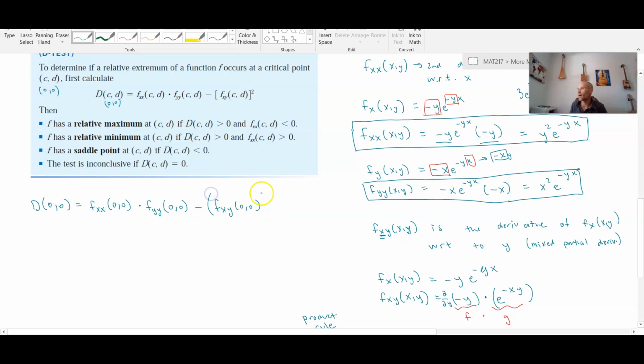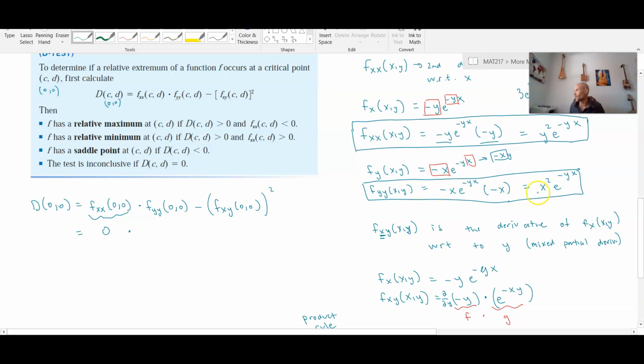So that's going to be this value squared. All right. So if I plug in 0 for x and y here, well, let's see. 0 squared is 0 times e to the 0, that's 0 times 1. That's going to be 0. And it doesn't really matter what f sub yy is because it's going to be 0 times something, but let's just go ahead and do it anyway.